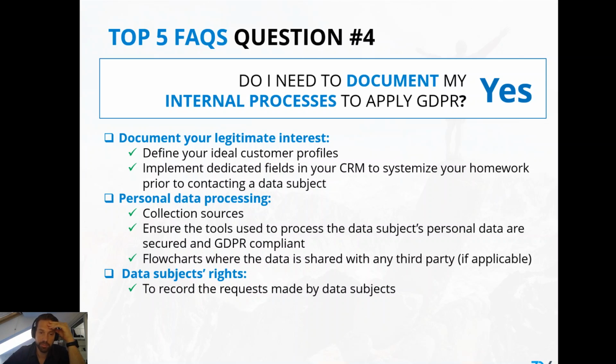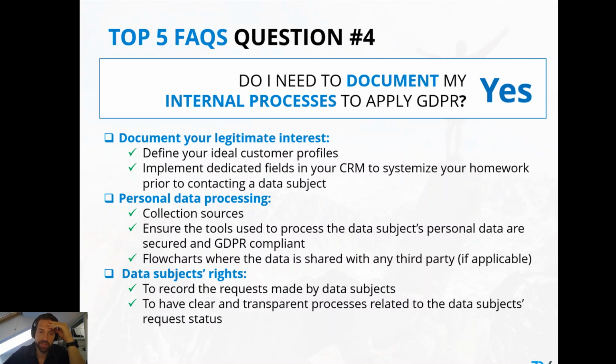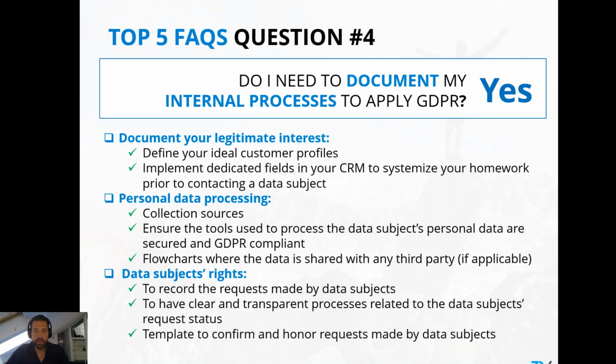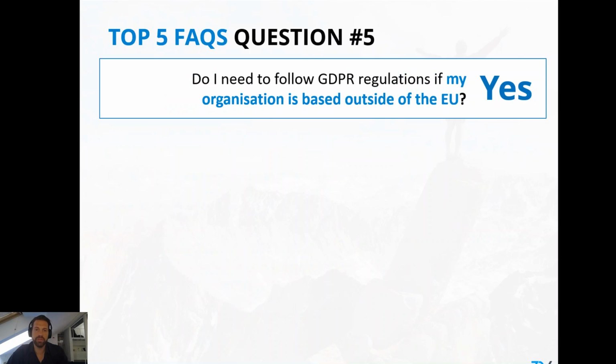And as we just said with the process, you need to have a place where you record the request made by the data subject and have a clear and transparent process to inform them. Transparency is something that comes back a lot in the GDPR legislation, so it's very, very important that whatever process you implement in your company is very transparent. And then we have templates to honor the data subject request, so it's much easier and much more systematic on how we deal with this type of issue.